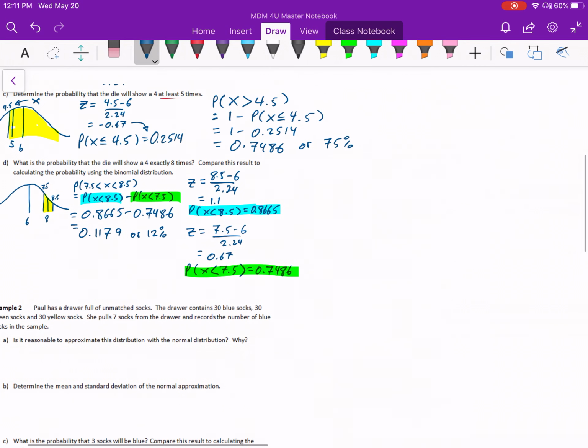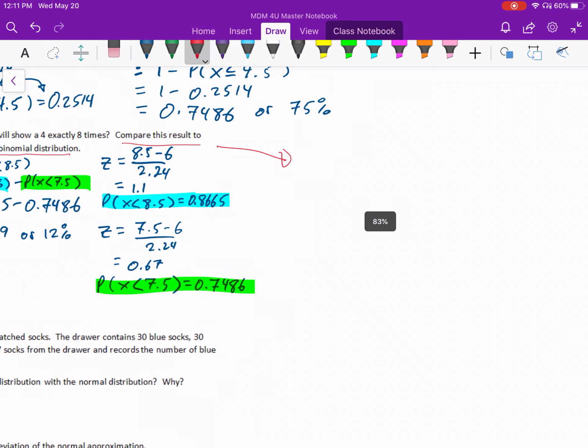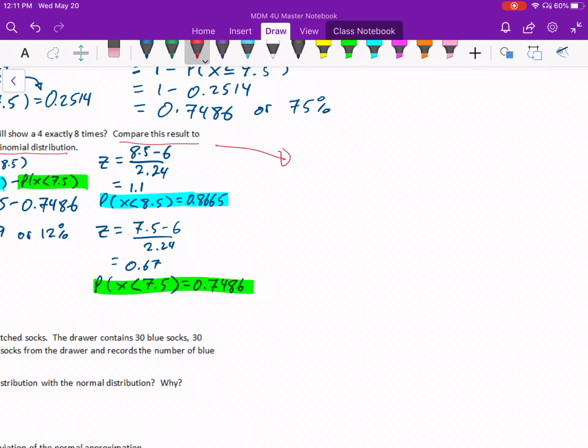So let's compare it. I'm just going to answer this part here where it says compare the results to the calculation using the binomial distribution. So I'll do that over here. It's been a little bit since we've done the binomial distribution. We want to find the probability that x equals 8. And remember, we use combinations, we use p and q.